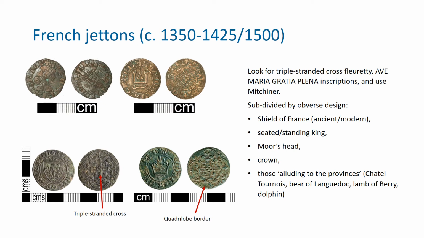Designs from this early period include the Moor's head type, the crown, the shield of France, ancient and modern, the seated or standing king, and designs alluding to the provinces such as the Bear of Languedoc. The predominant legend is the Hail Mary, Ave Maria Gracia Plena, often with the final word abbreviated. Use Michener when recording French Jettons.